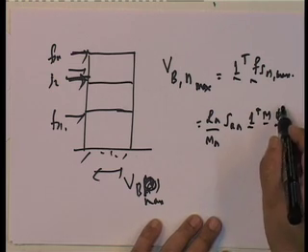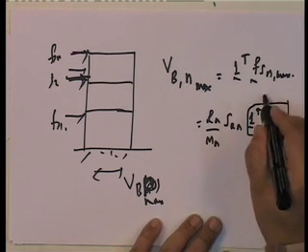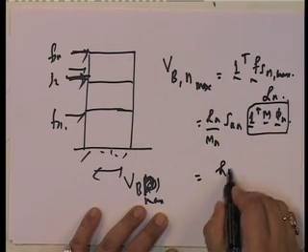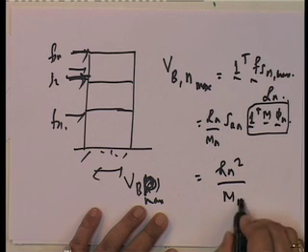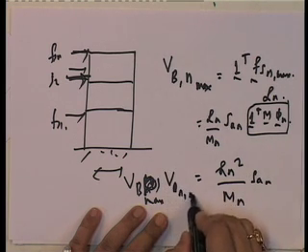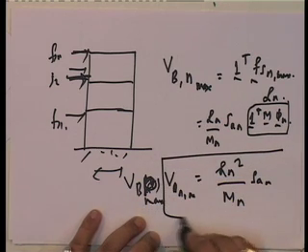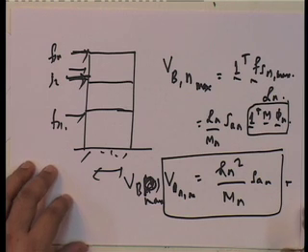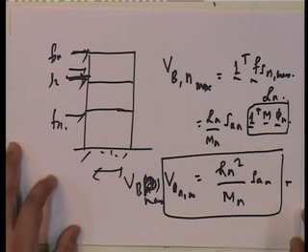So this becomes nothing but, as we have already seen, Ln. So if you look at Vbn, what do you get? Ln squared upon Mn into San. Such an elegant formulation for the base shear due to earthquake load.